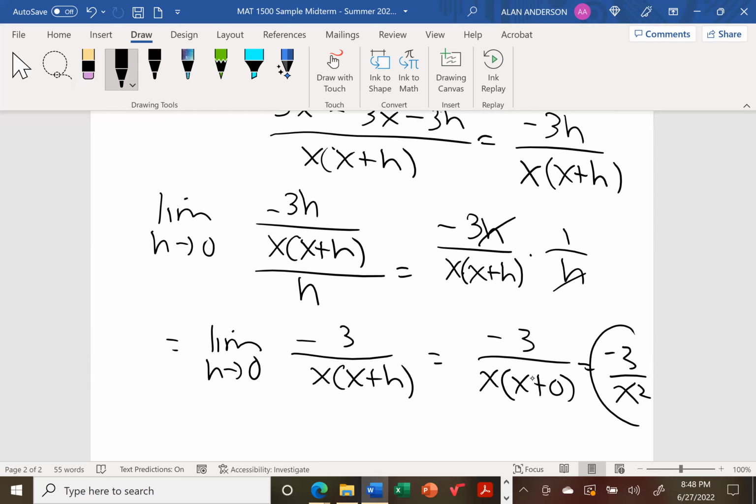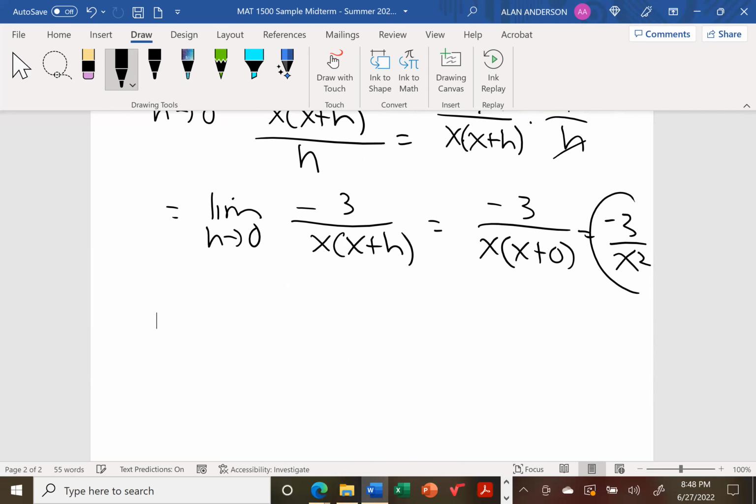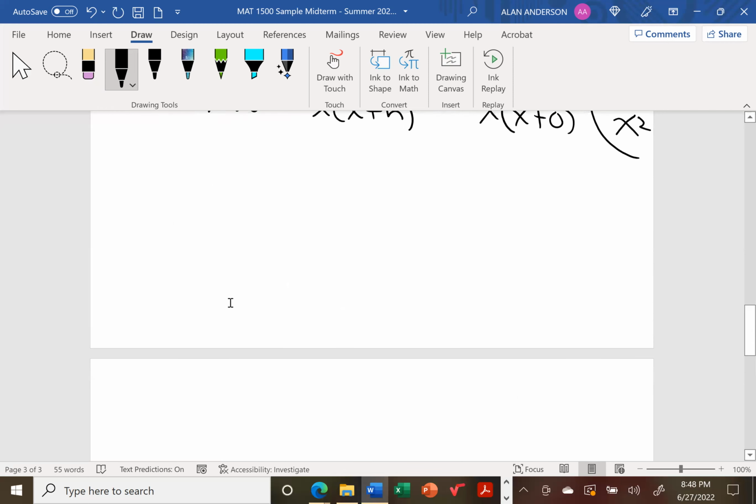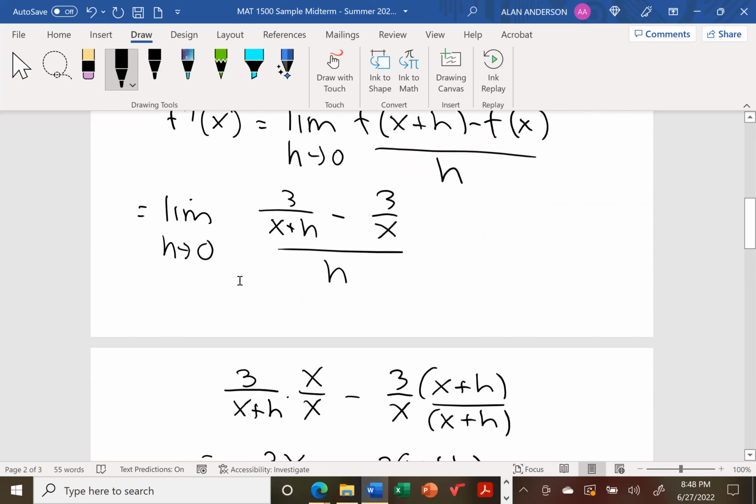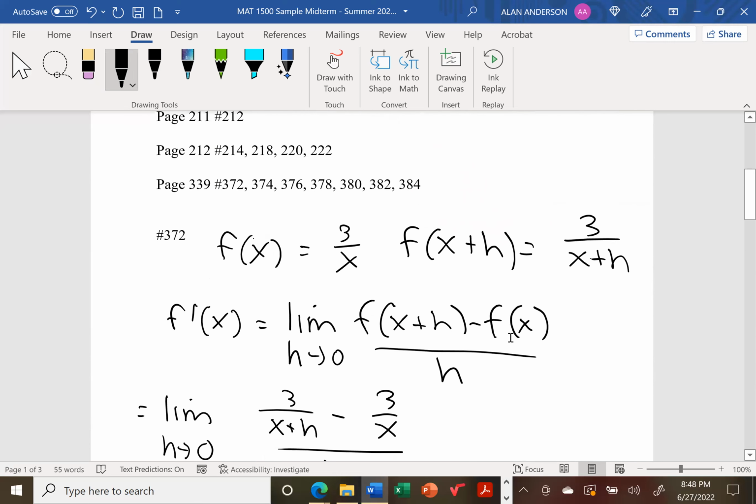And that is the correct answer. But we found it by using the so-called definition of derivatives. In other words, when they say that, they mean using the limits. Okay, so instead of the rules, which we've been using, they want you to go through all the steps where you actually prove that the derivative equals the limit as h goes to 0 of f of x plus h minus f of x all over h.